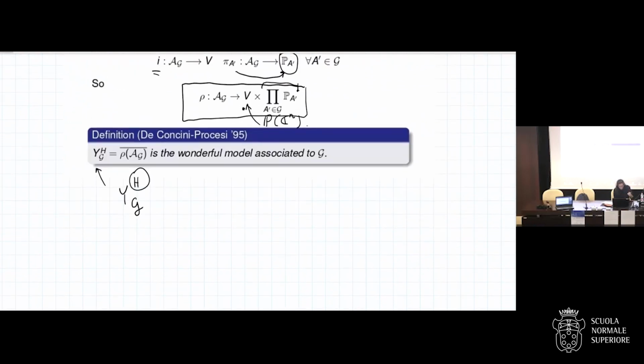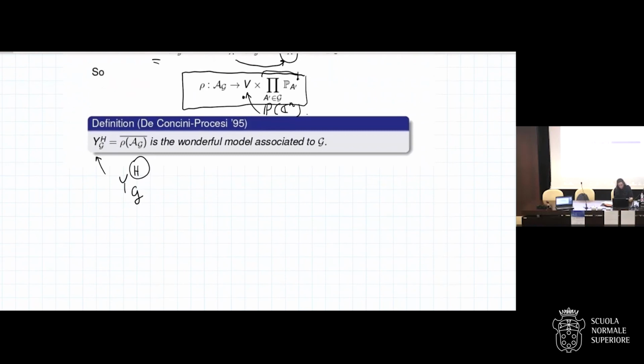So what we have when we end up with this variety is that some properties that hold for G, in particular properties that depend on G being a subset of this poset of intersection, correspond to some geometrical properties that one wants to study for this wonderful model.